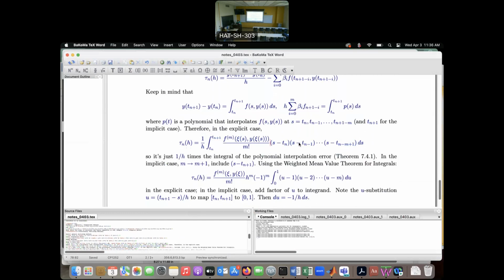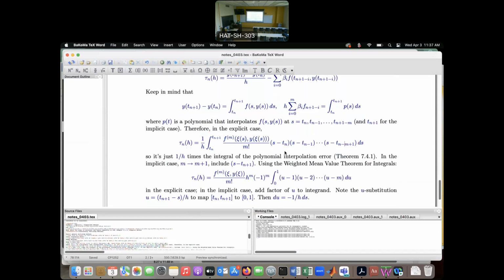What the weighted mean value theorem for integrals allows you to do is state that an integral like this, that's a product of two functions, is equal to one of the functions you pull out, in this case the f, evaluated at an unknown point that's between your limits of integration. And you're allowed to pull it out as long as whatever remains in your integrand does not change sign on the interval of integration, which is true in this case.